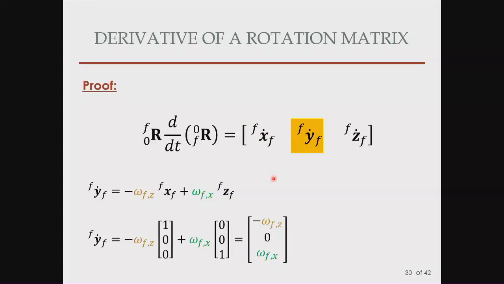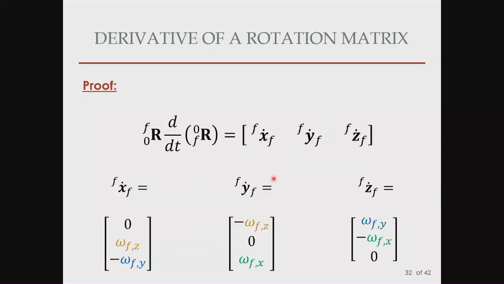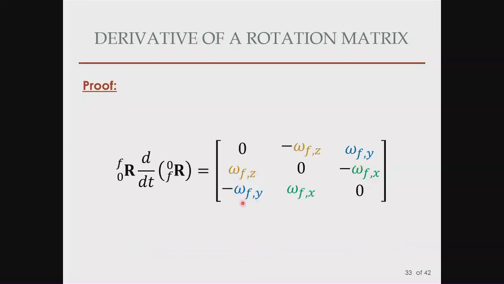For the y, I'm using the y dot. For the z, z dot. And now these are the three results. I'm going to substitute into here, into the columns. All right, are you following? Someone is following. That's good. Substituted the three columns. This is what I get.